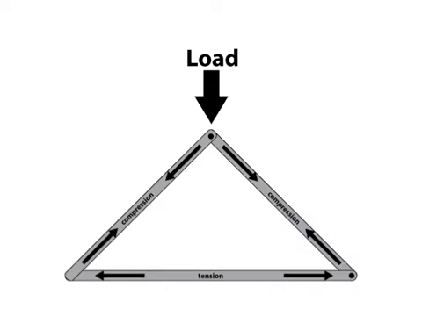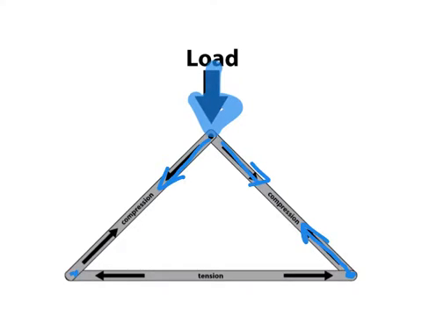So how does it work? Unlike a beam, which bends, when you apply a load down onto a truss, this piece of wood here is getting pushed down, and at the same time it's being held here and here, so it's being pushed up.